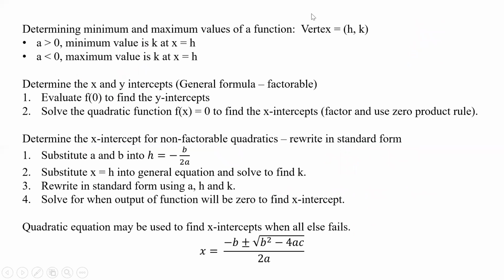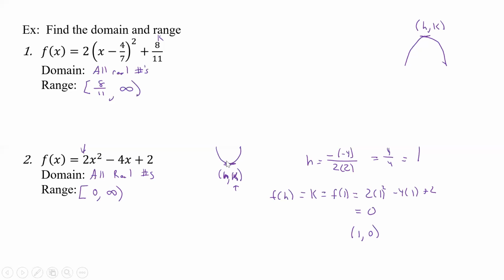Okay, so we have our h, k, and if a is greater than 0, we have a minimum. Well, that fits what we see here, and the value is k at x equals h, which is kind of what we thought. We thought that that's going to be our minimum value because that's where it is on our axis.